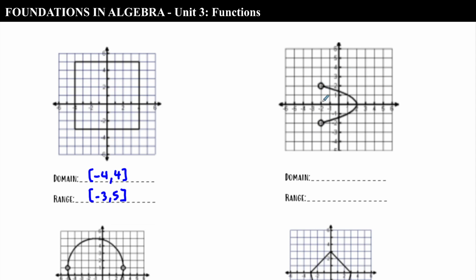For this one, our domain goes from -2 to 2. We do not include the -2 because both of those are open, but we do include the +2 on the top because the graph touches there. Our range goes from -2 to 2, but we don't include either because of the open dot on the top and the bottom.